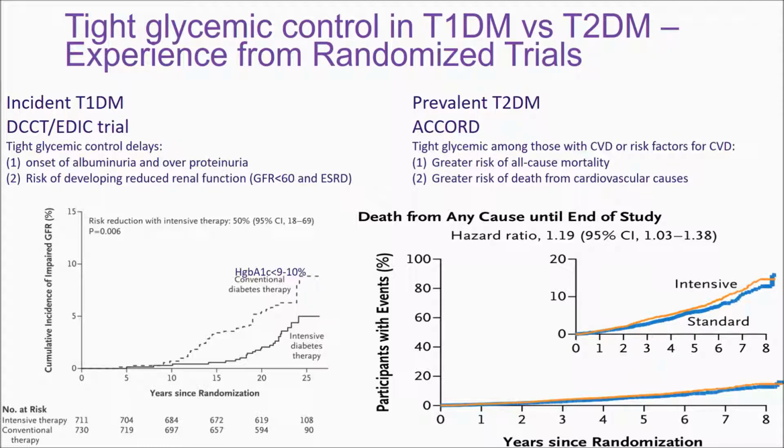Whereas if you catch them early on in life, such as in the DCCT EDIC trial, you can see that more intensive diabetic control has a significant effect in reducing the onset of impaired kidney function. So keep that in mind.